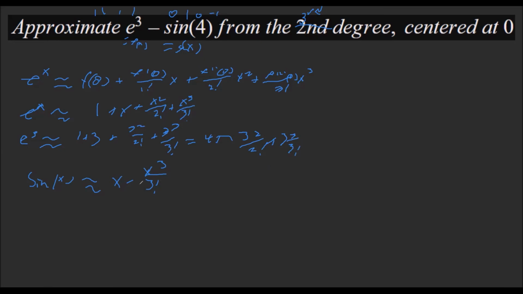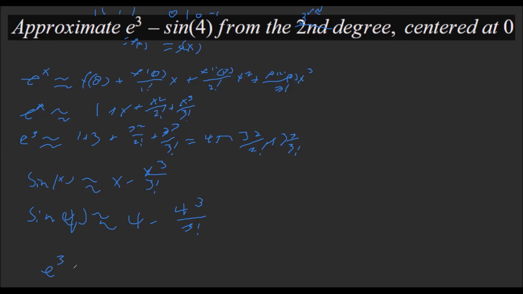Okay. From here, we're going to find sine of 4, which is going to be much simpler than the last. And that's approximately equal to 4 minus 4 cubed over 3 factorial. Now, we have to combine the two, or I should say we have to find the difference of the two.